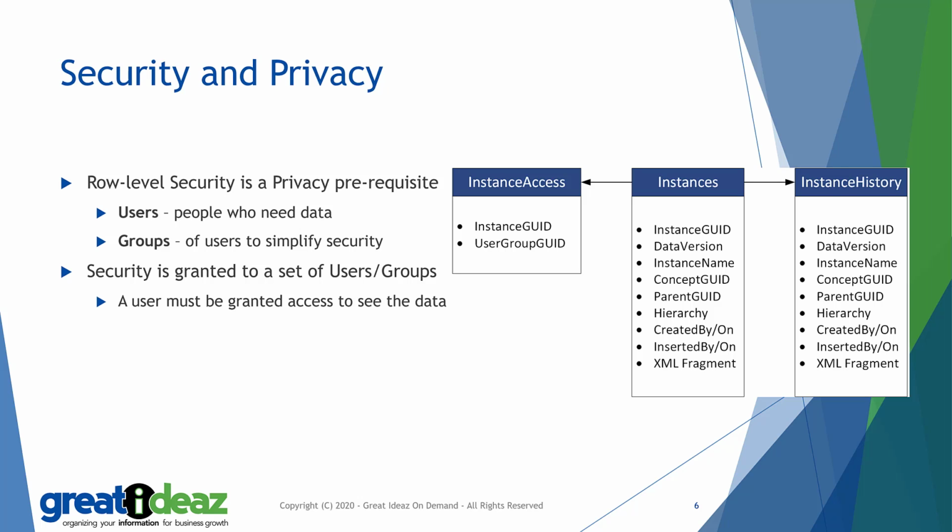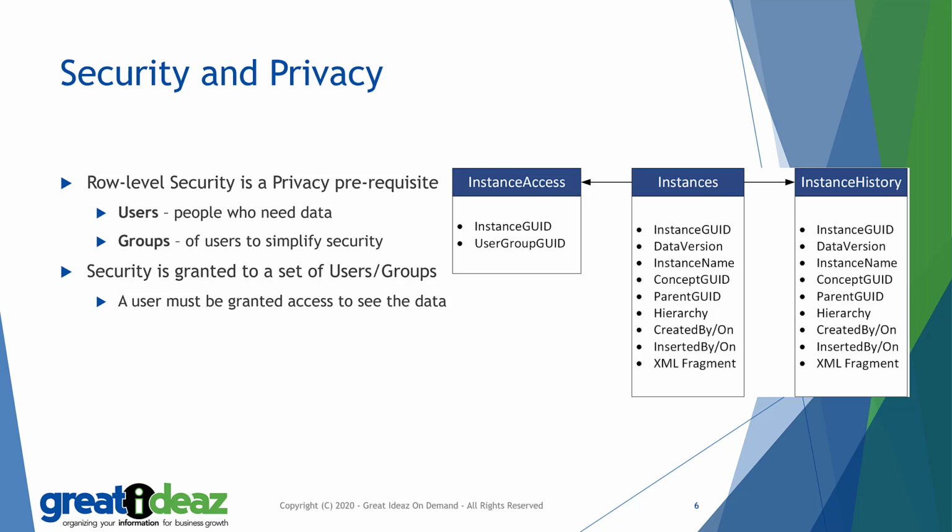To be able to see the ABC customer record, a user must be granted access to see the data, either by explicitly adding that user to the instance access set for that customer, or by adding that user to a group that has an instance access record for that instance.